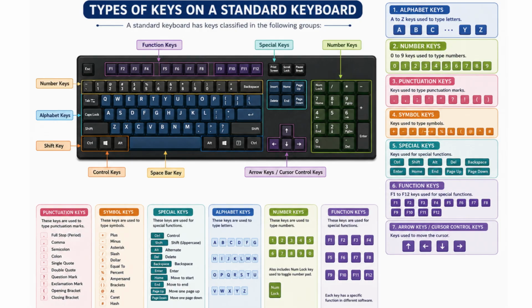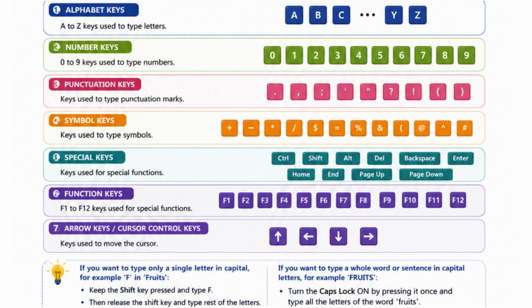Here I have listed all the different keys, what all keys you can press using these types of keys. Here also you can see I have listed the name of the keys and their symbols, or the type of keys you can press on the keyboard.